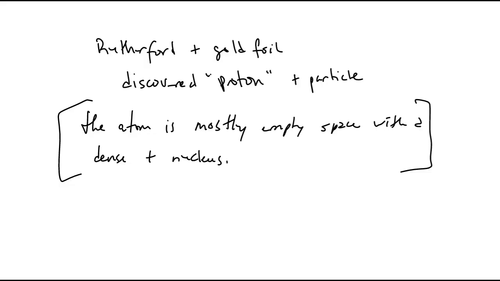So now he took the model from JJ, that was a plum pudding, and he said, okay, the atom has a small nucleus that's positive, and all those negative particles must be outside. So now we have an atom that has protons and electrons.